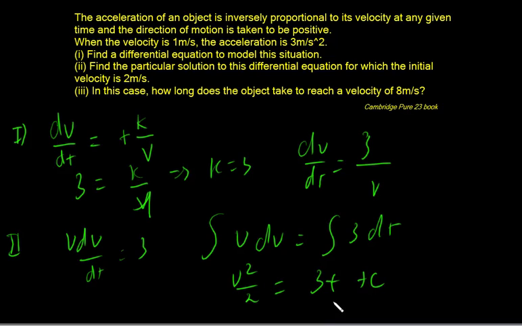Now the initial velocity is 2, so that is when t is 0, v is 2. So we get c is equal to v squared over 2, and 2 squared over 2 gets us 2.